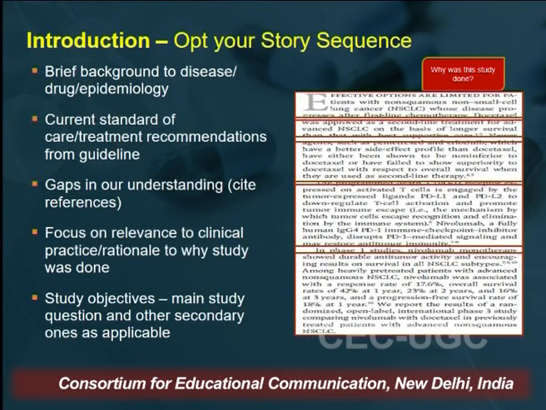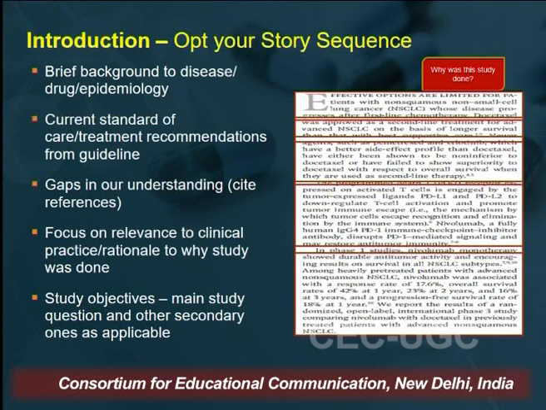So, introduction. Opt your story sequence, what you want to write into your introduction, where it generally flows like this: we firstly briefly discuss the background to the disease or drug or epidemiology or the topic of your manuscript. So the current standards of care, treatment, recommendations, and what the guidelines are.